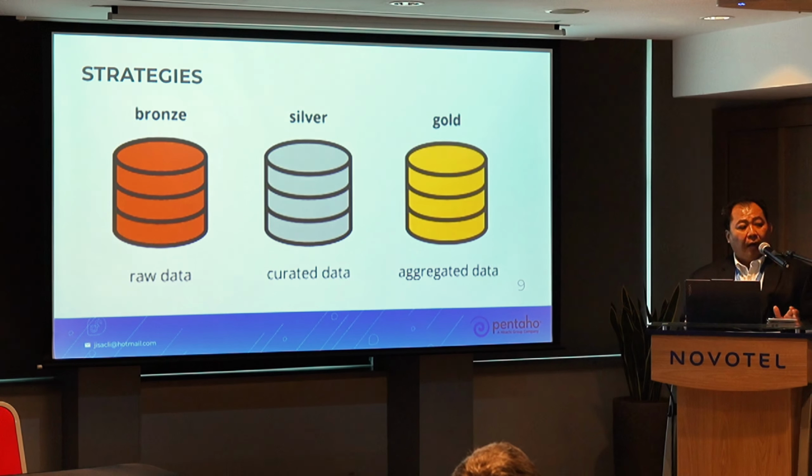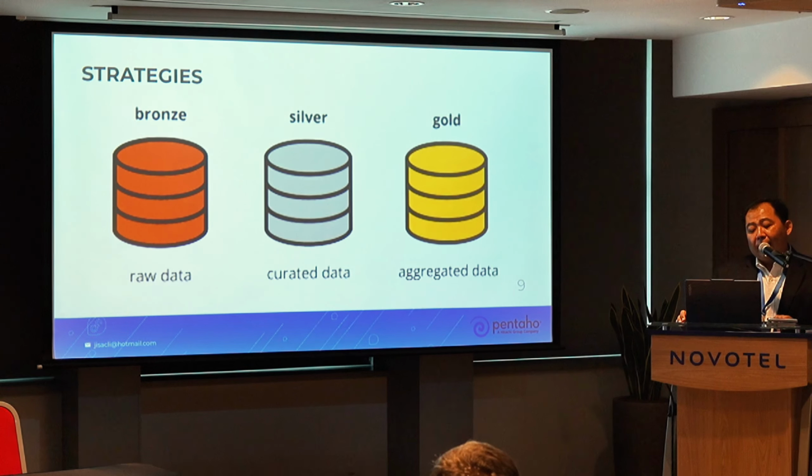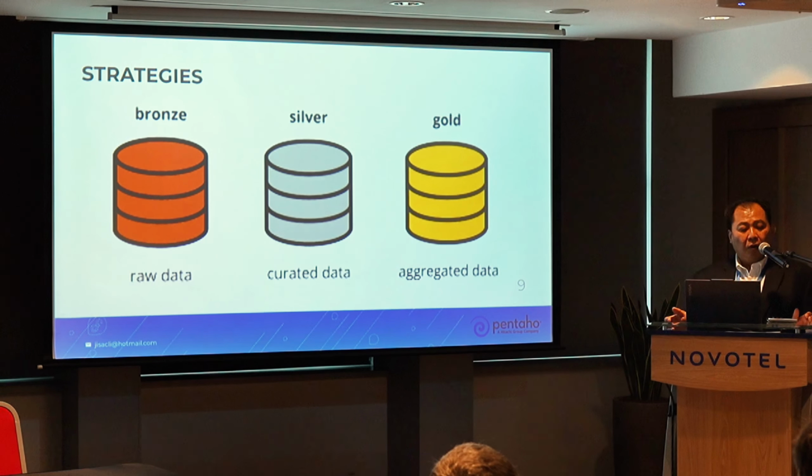Then you create aggregations for different roles, different users and different departments, and that information is what you show in a standard viewer. In that section we call it gold.